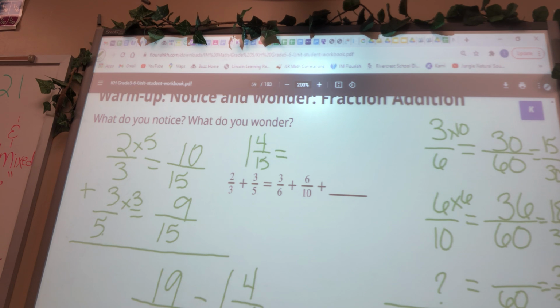Can I reduce that? Okay, it goes how many whole times? 1. How many left over? 3 30ths. So does this work? No. That doesn't work, does it?